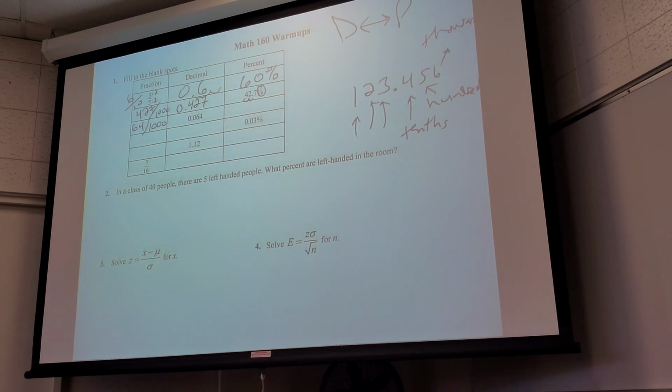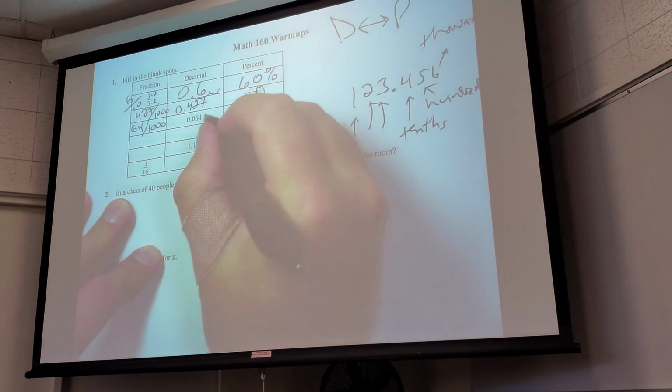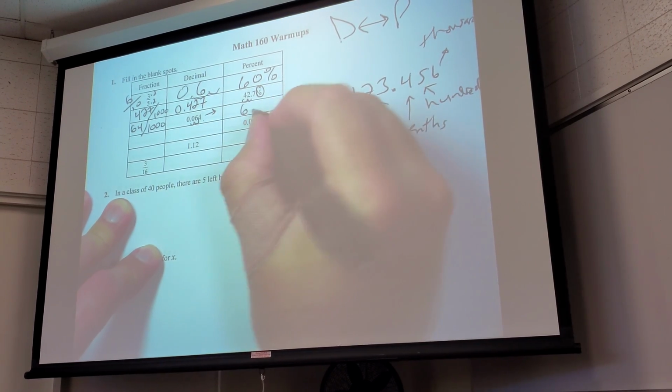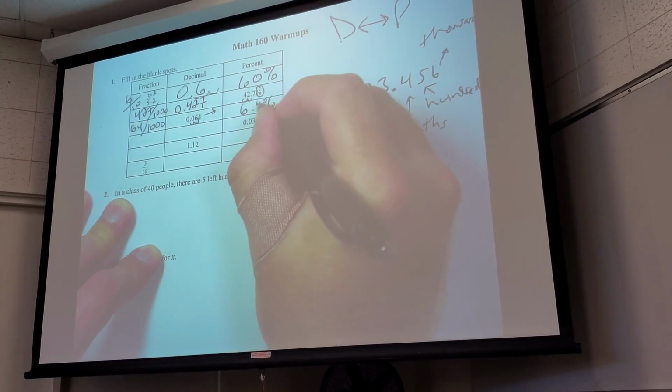How many zeros are in the fractional answer on the bottom? 3. That's a nice, quick shortcut. All right. And then as a percent, what would it be? Yeah, bam, bam, move it over twice in this direction. Bam, bam, 6.4%. Yes.